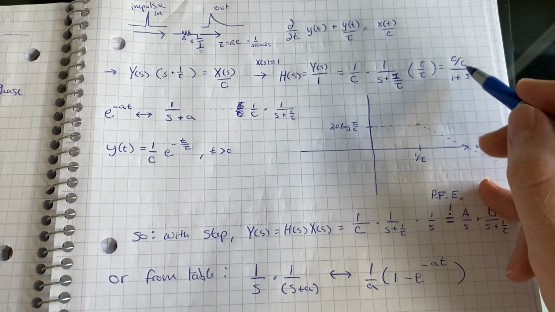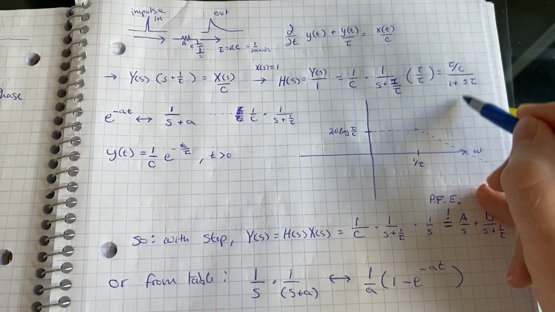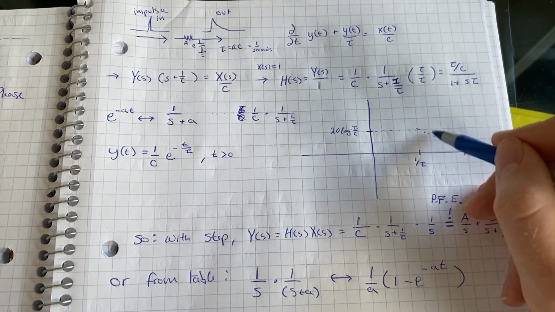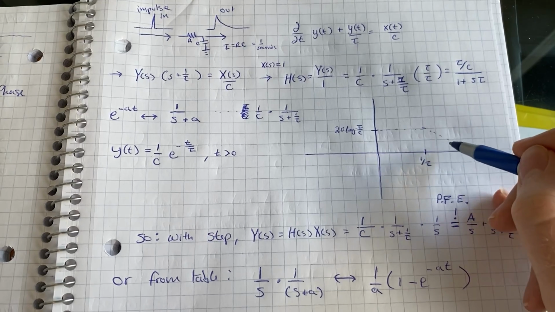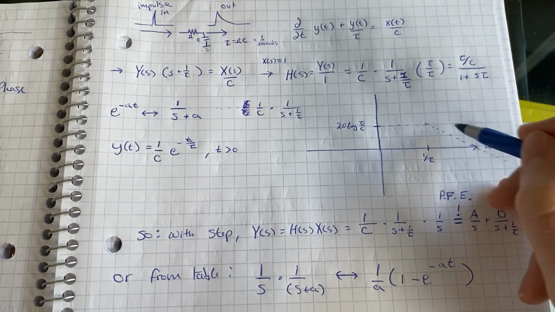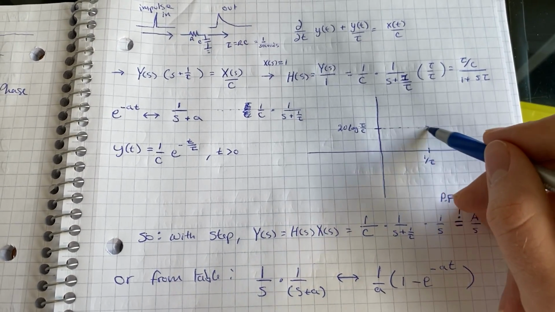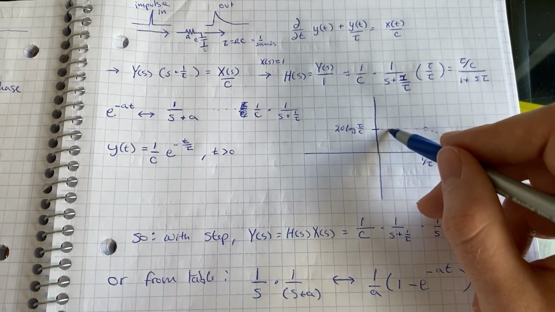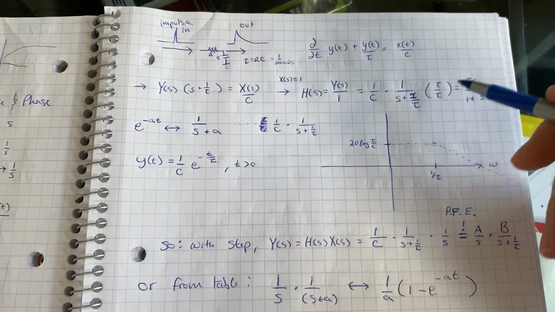Or if you're looking to plot the Bode plot, I like it in this form here, because then when s is greater than 1 over tau, we start to decrease by 20 dB per decade. And again, this is a familiar single pole roll-off for the simple RC.